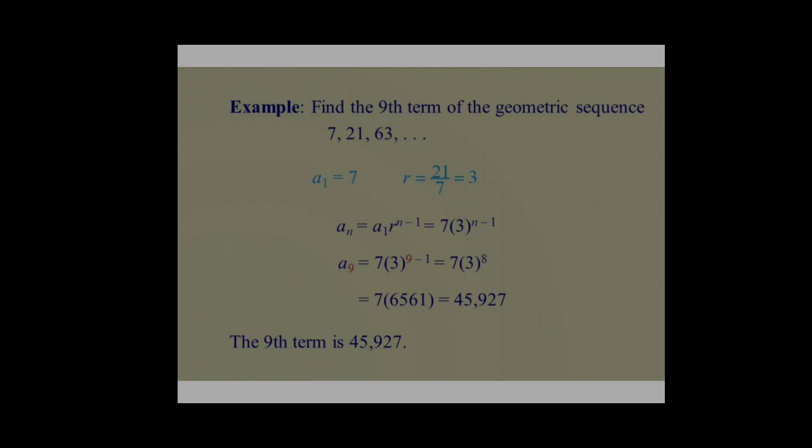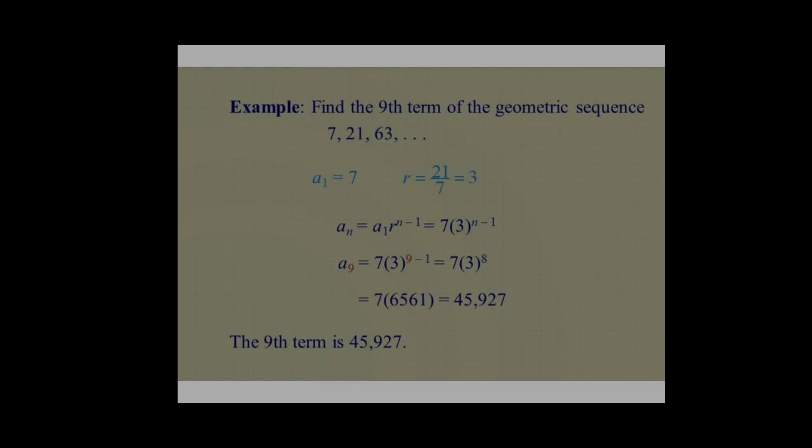So a sub n equals a sub 1 times r to the n minus 1. First, a sub 1 is 7 times the ratio 3 to the power of n minus 1. So we're going to find a sub 9, the ninth term.